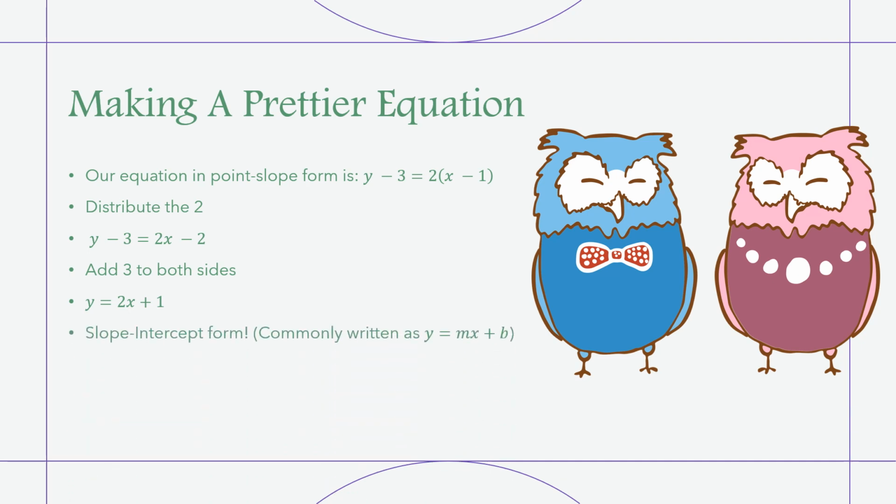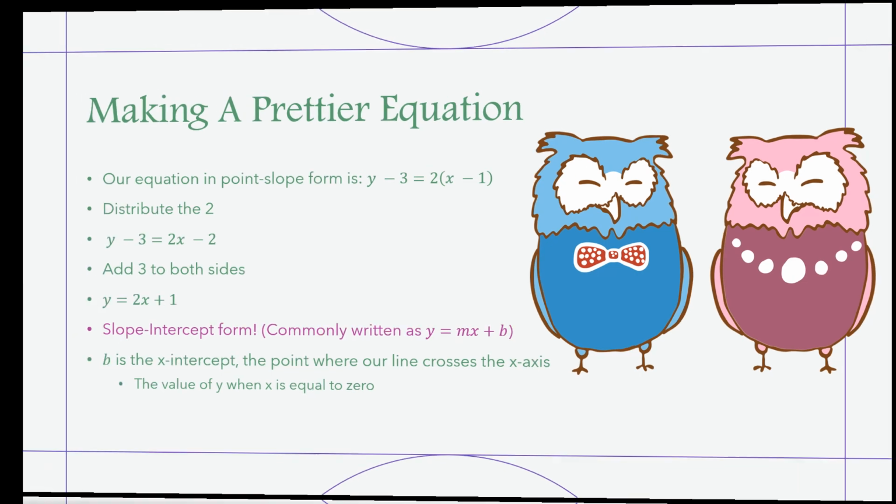This equation is what we in the business call slope-intercept form. It is so named because it contains the slope, 2, and the y-intercept, 1 in this case. The intercept is the point where our line will cross the axis, or the value of y when x is equal to 0.